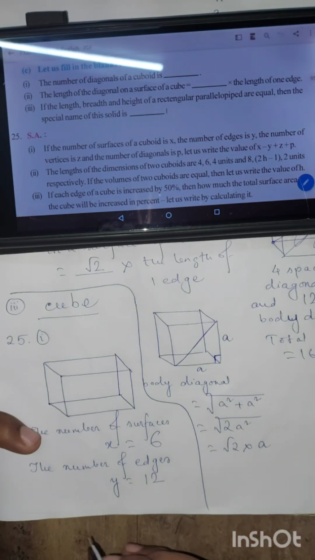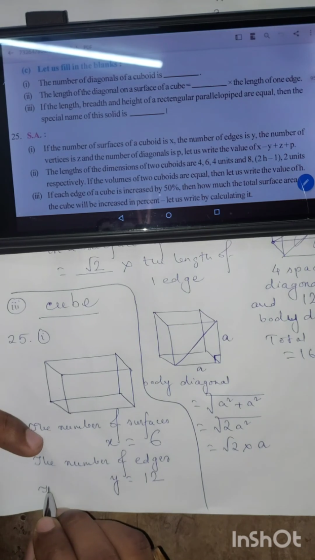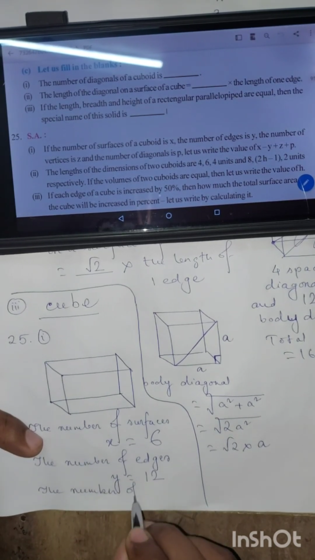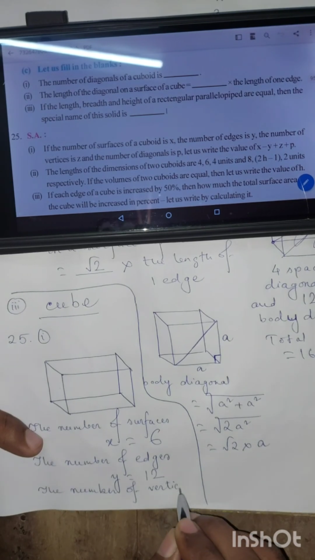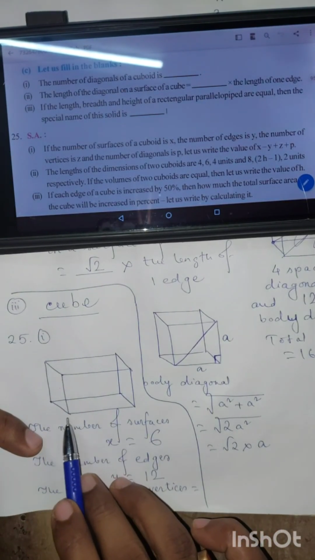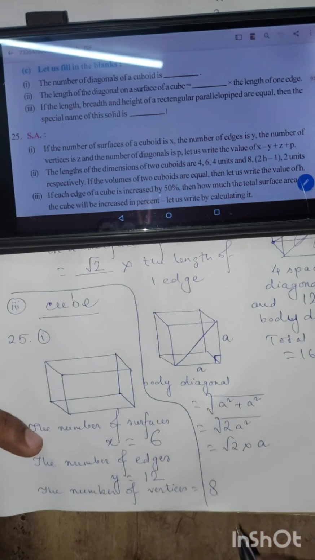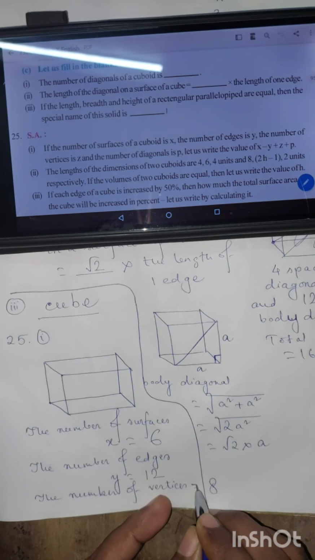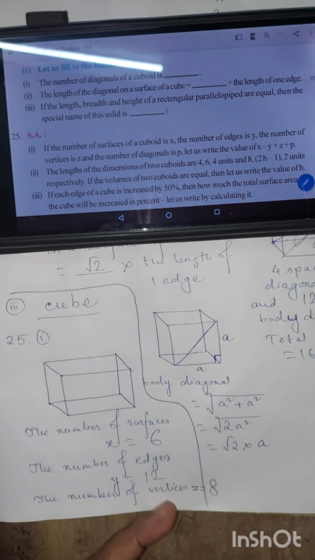The number of vertices is equal to 1, 2, 3, 4, 5, 6, 7, 8, which is z. So z is equal to 8.